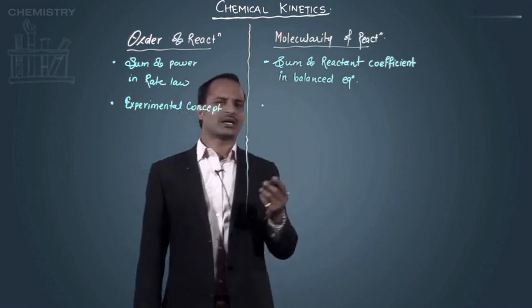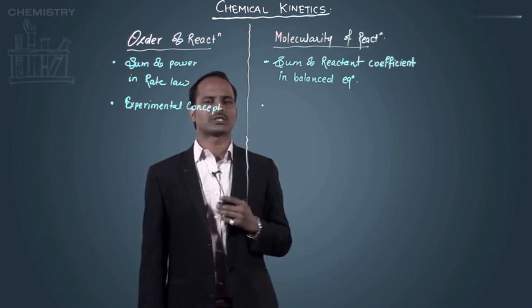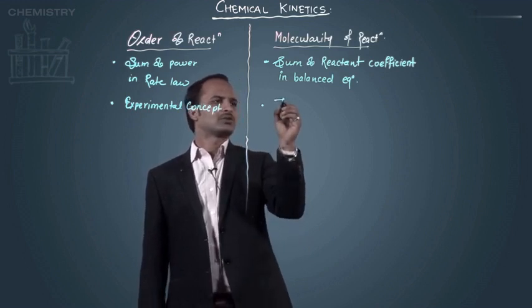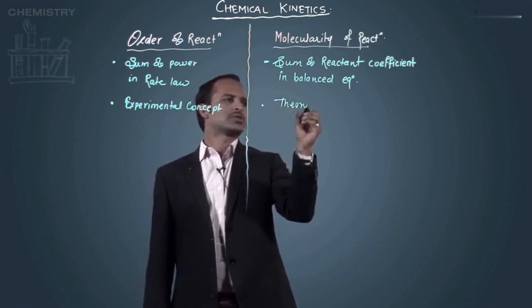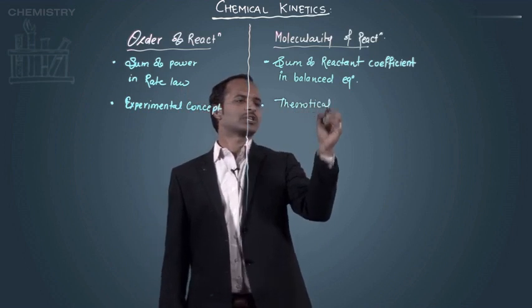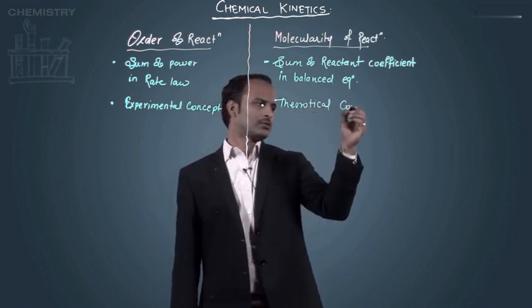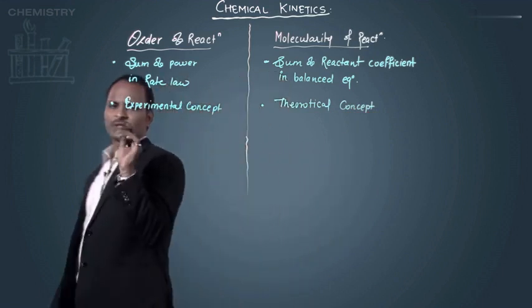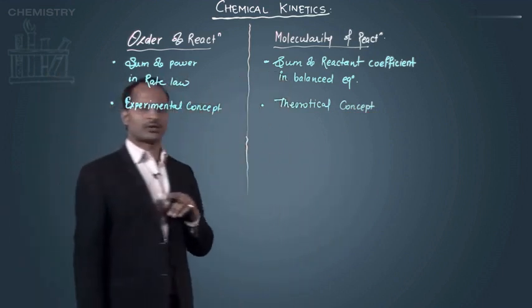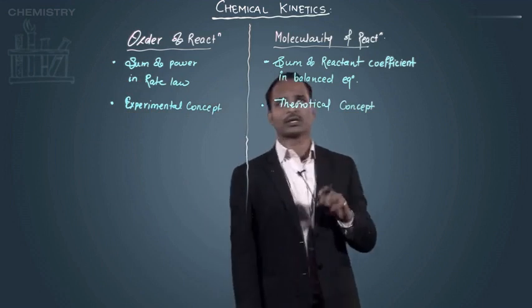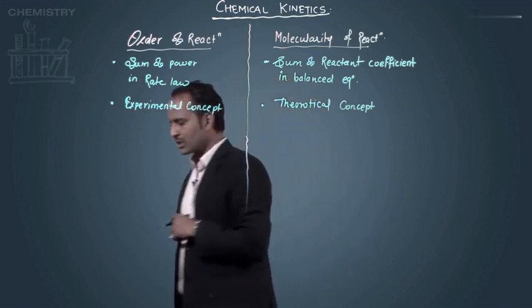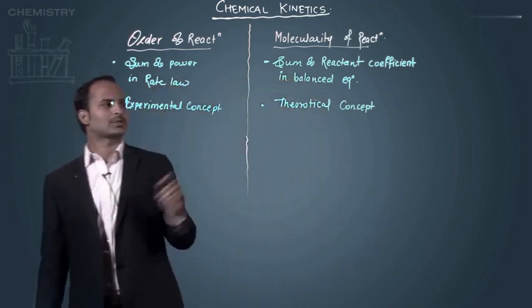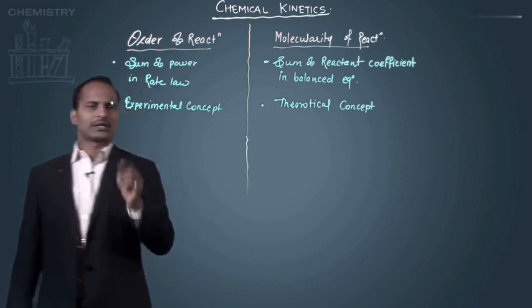Balancing and adding coefficients doesn't involve an experiment. So it's a theoretical concept. Since order is an experimental concept, it depends upon the experimental conditions, while molecularity doesn't depend on the experimental conditions.